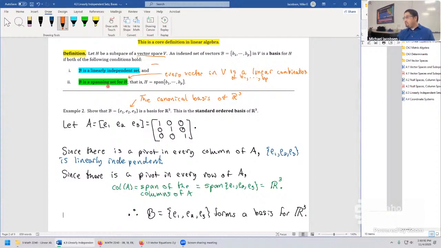And what does independence do for us? It tells us the representation is unique. There is only one way to write down that linear combination. There is no other way to do this. That's what independence does for us. Put both of those together, and the scalars that go in front of these are unique values.